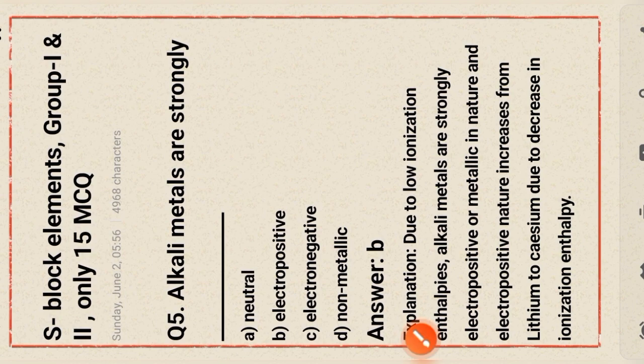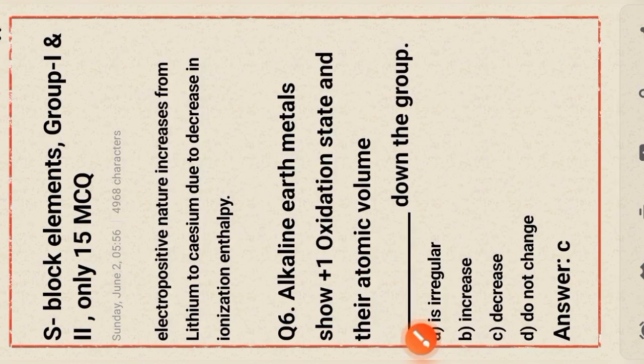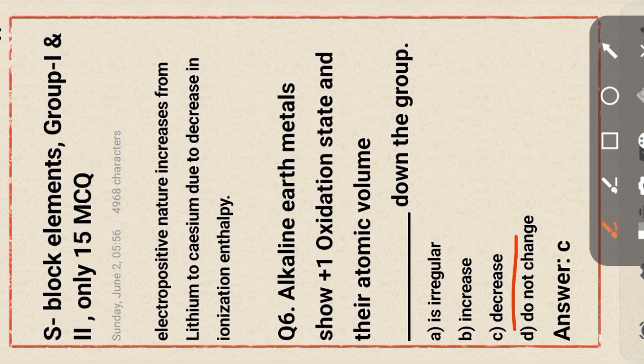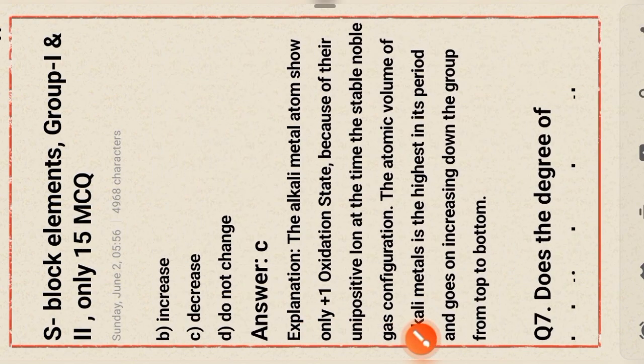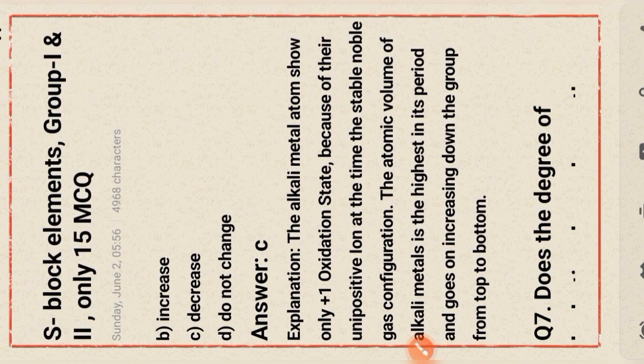Next question: alkali metals show a plus one oxidation state and their atomic volume dash down the group. The answer is option C, increases. Alkali metal atoms show only the plus one oxidation state because they form unipositive ions, that is single positive ions, with the stable noble gas electronic configuration.